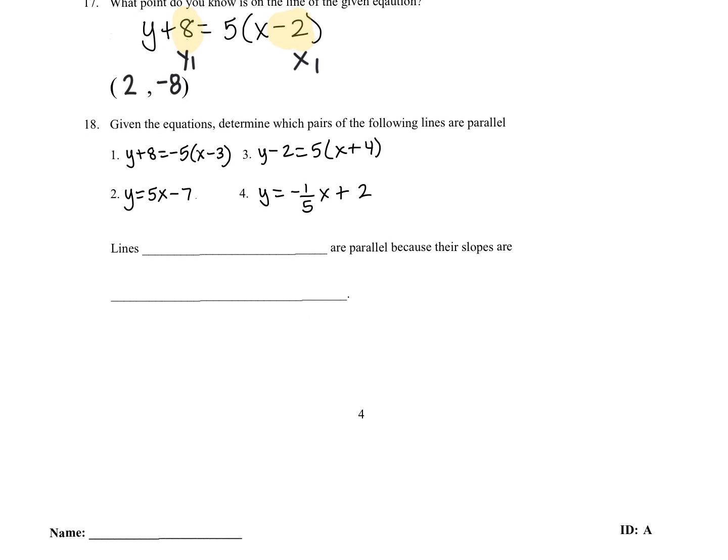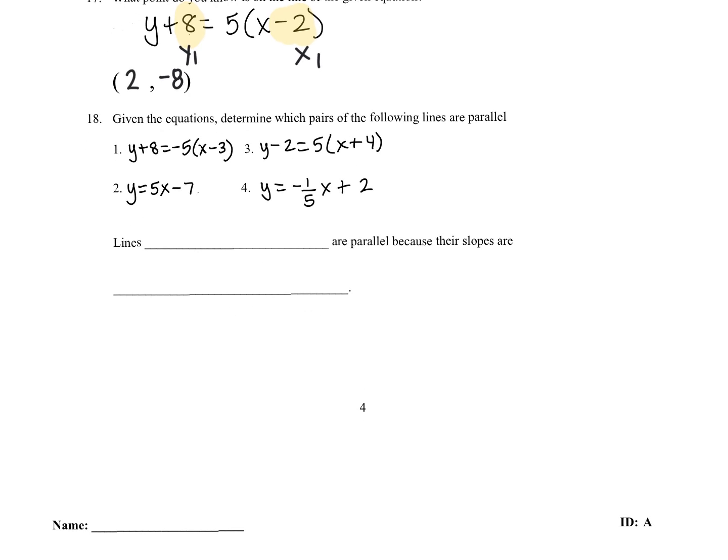All right, 18 is asking which lines are parallel. What do we know about parallel lines? Parallel lines have the same slope. All right, what form is line 1 in? Point slope form, right? What is the slope in that equation? -5. What form is number 2 in? Slope-intercept form. What is the slope? +5.